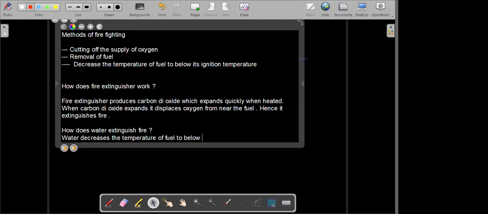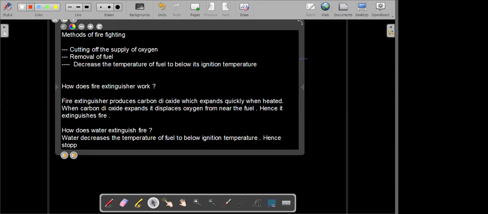So water decreases the temperature of fuel below ignition temperature, hence stopping the fuel from further burning. So this is how water extinguishes fire.